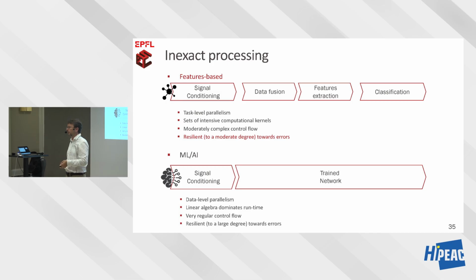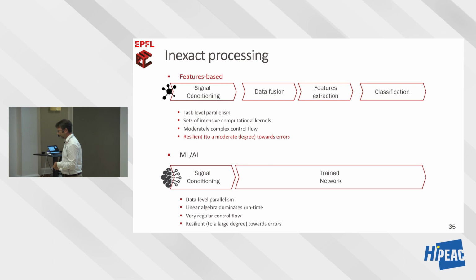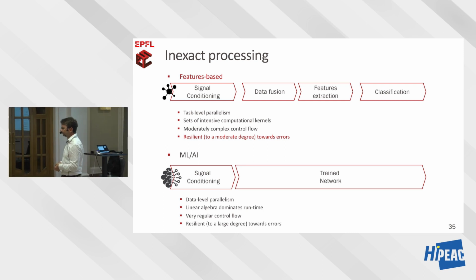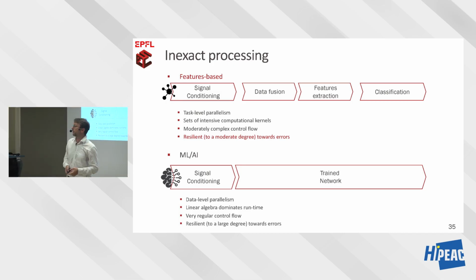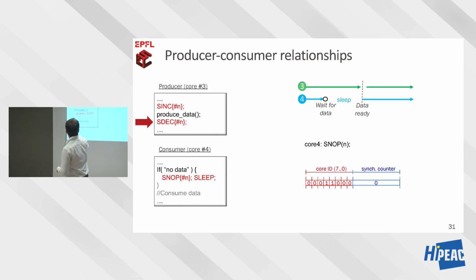Other questions? For task level parallelism, if we design the chip for a simple situation, and we change the task, would the chip also need to change? The question is, if we change the task, will the chip change? No. What we need is just support for these instructions.